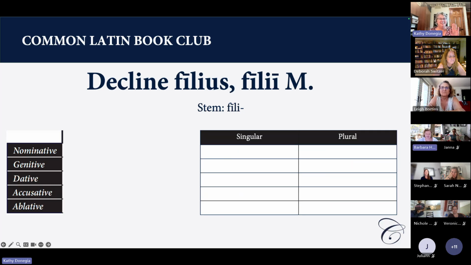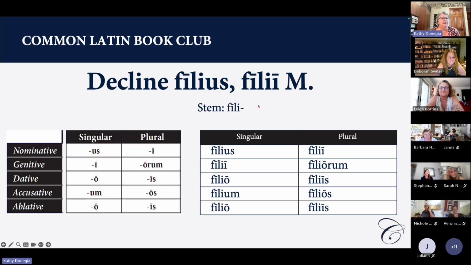Can you do it now without the chart, though? Try it. Okay. Us, ī, ō, um, ō. So filius, filii, filio, filium, filio. Is that right? Okay. And then filii, filiorum, filiis, filios, filiis. Very good. You did it. Yay. Awesome. That was great.